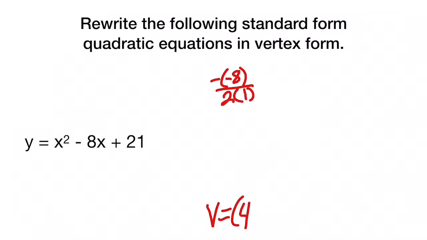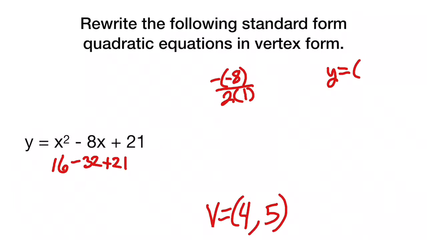So then I plug that in. 4 squared is 16, minus 8 times 4 is 32, plus 21. 16 minus 32 is negative 16, plus 21 gives us 5. So then I just plug that in. y equals, remember a is 1, so I'm not going to write that, and I'm just going to say x minus 4 squared plus 5.